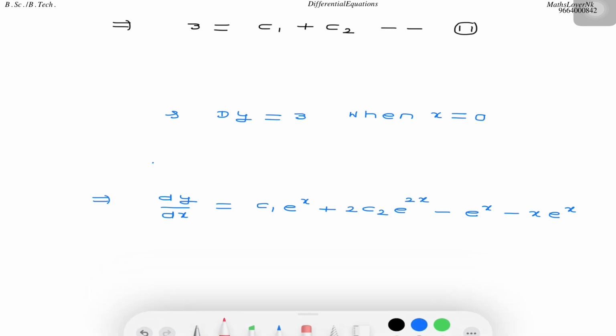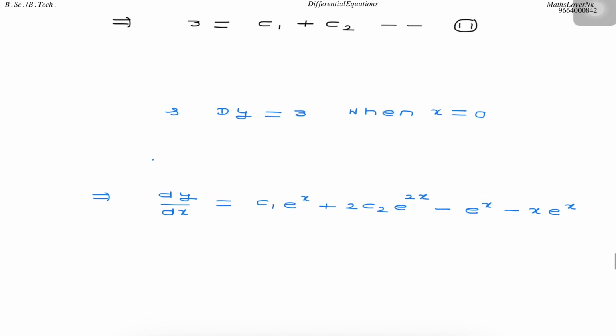Here put the value dy by dx is equal to 3: C1 e the power 0 plus 2C2 e the power 2 into 0 minus e the power 0 minus 0 into e the power 0.